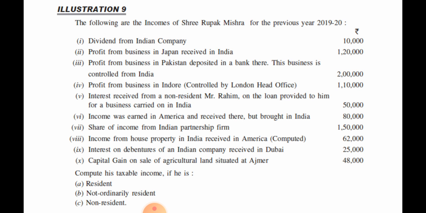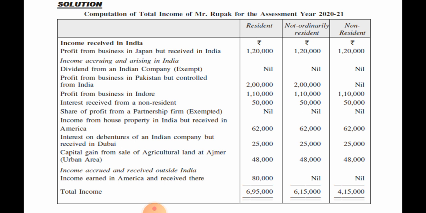Clear? Income was earned in America and received there. It means income earned outside India, received outside India, but later brought in India. So later does not matter. So this 80,000 will be taxable only for the ordinarily resident.